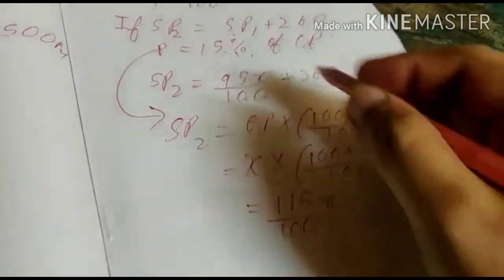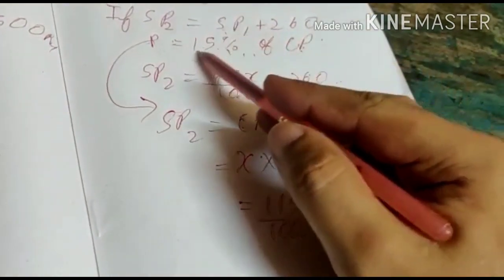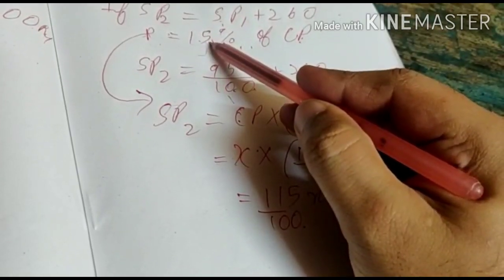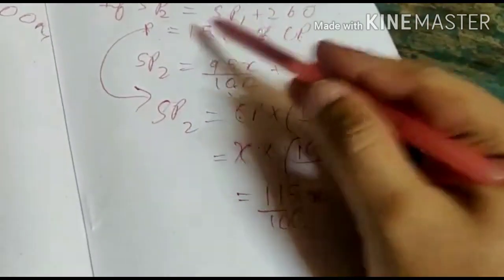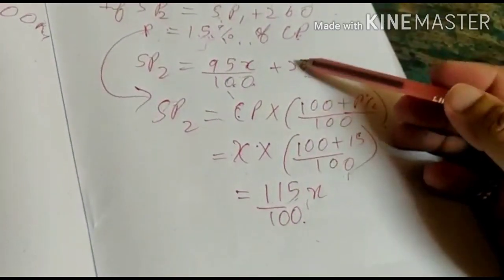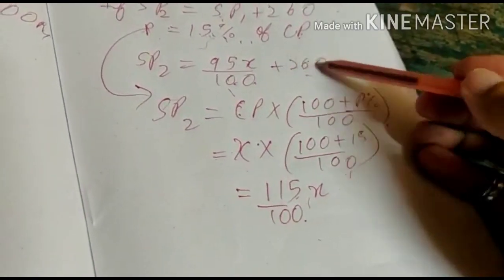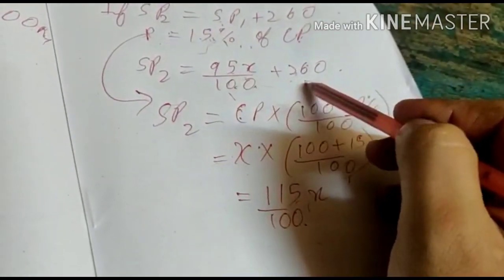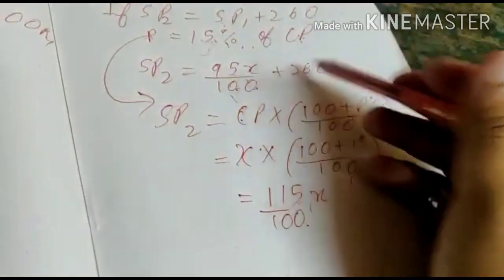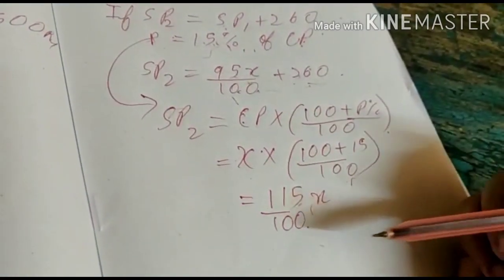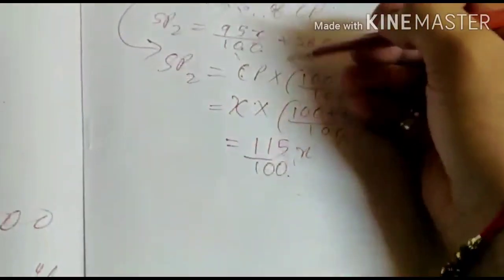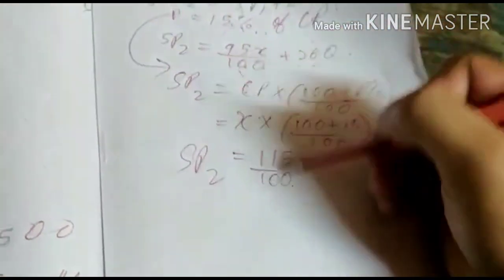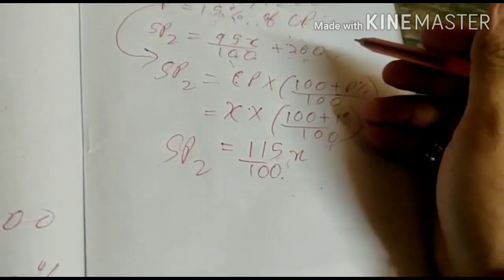Got my point? We have calculated this SP2 in two ways. One way is that it is 260 more than the old one, and the other is that it is 15% more than CP. So both are the same, and we can keep them equal.